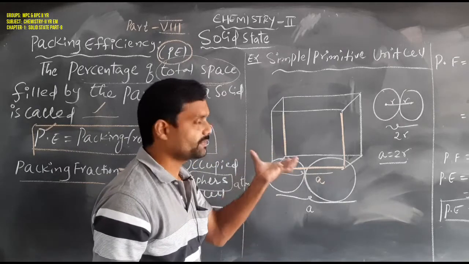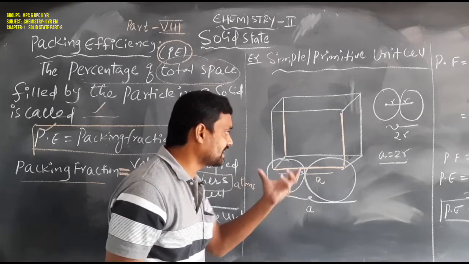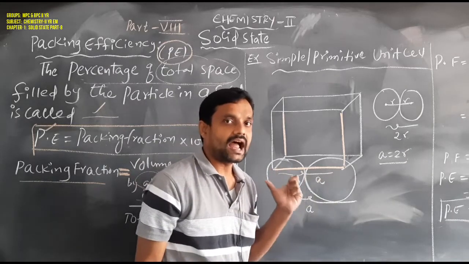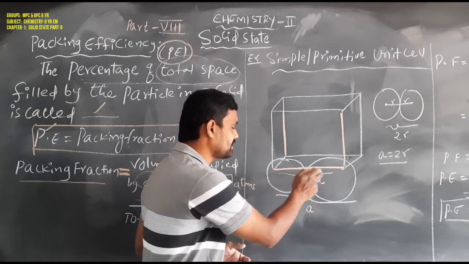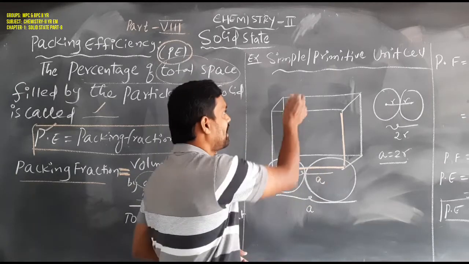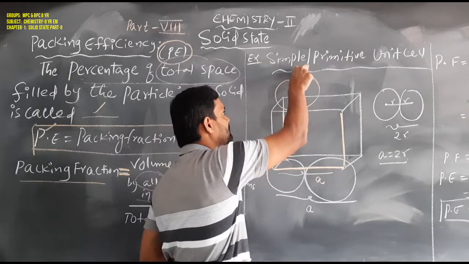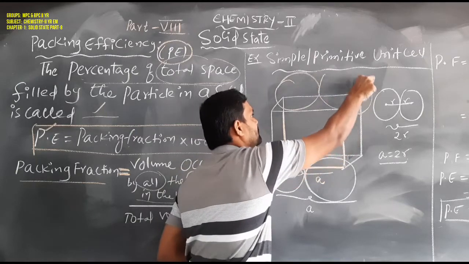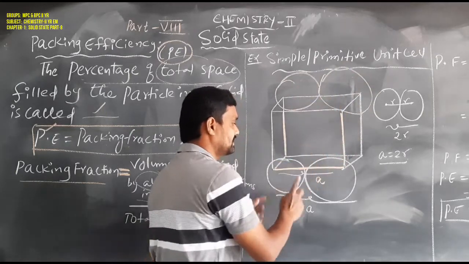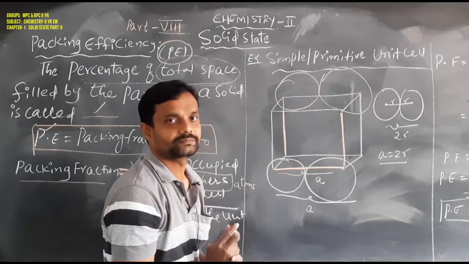For a simple or primitive unit cell, if the atoms are present at the corners, those atoms touch each other. This is the concept.